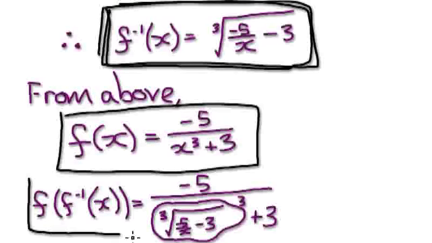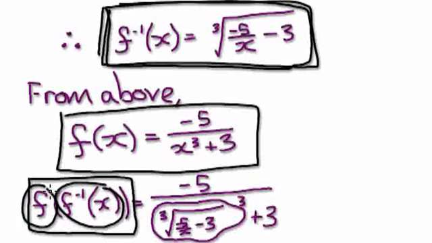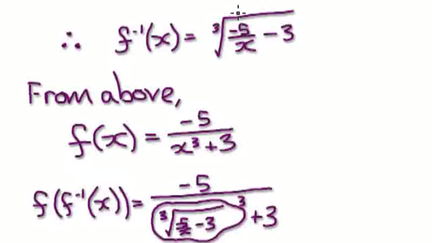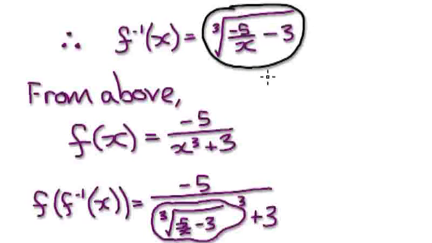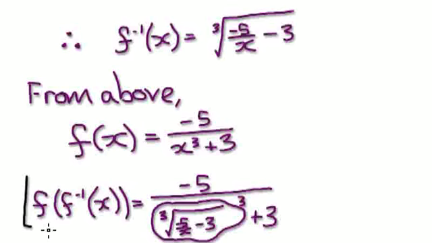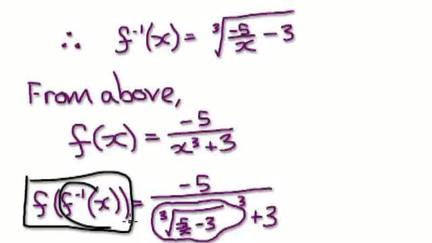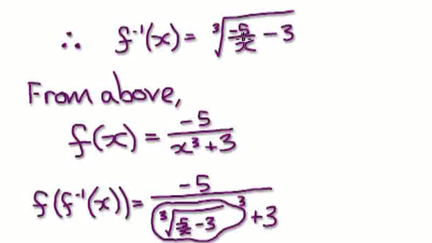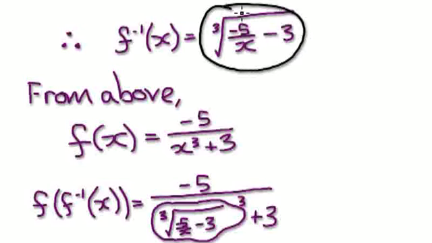Now to do this, we are saying put the inverse into the original f. So put the inverse here into here. That's what we have to do when we write this. This is saying put the inverse into f of x.